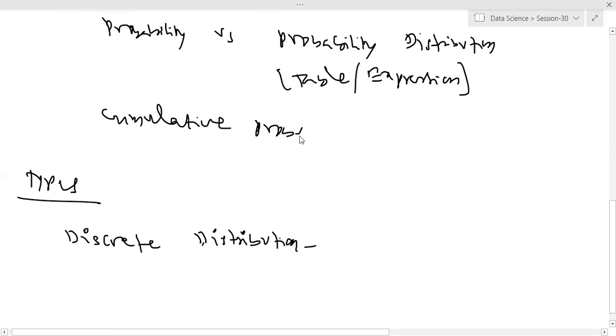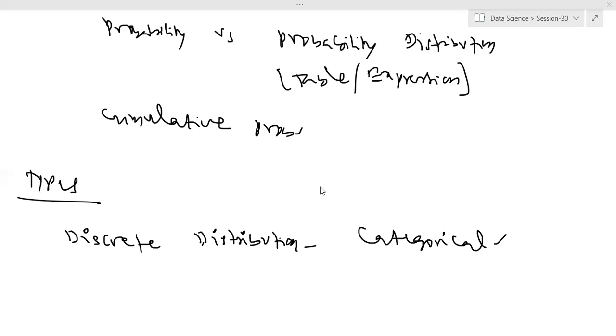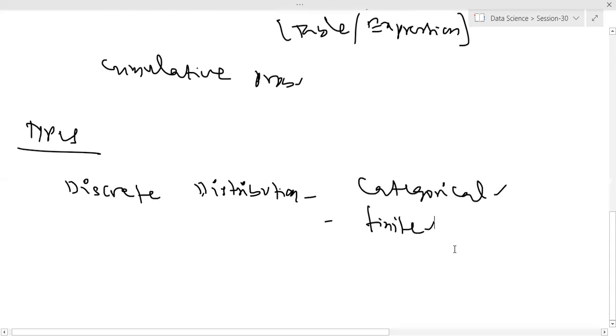How can you give the characteristics related to the distribution? Discrete: basically, they are categorical, and they have a countable or finite number of possibilities. So they are finite in nature. These two things we have observed.